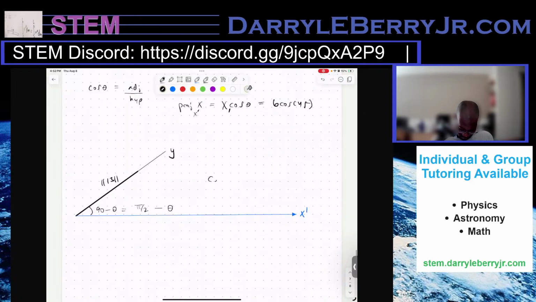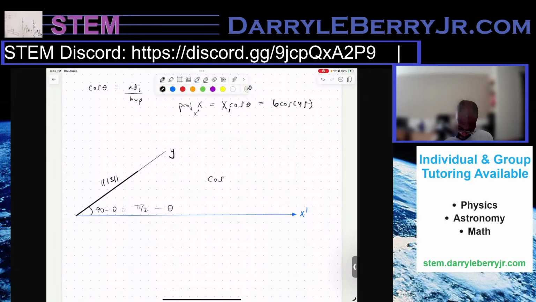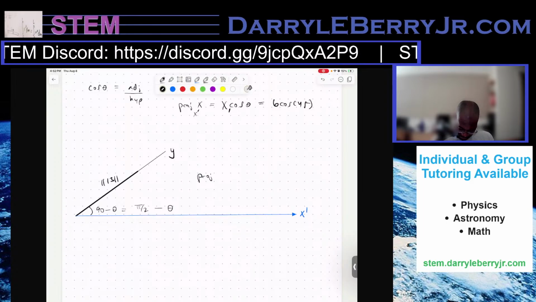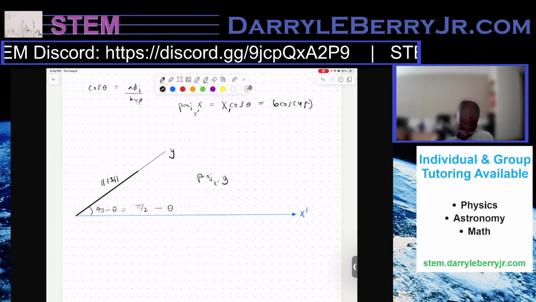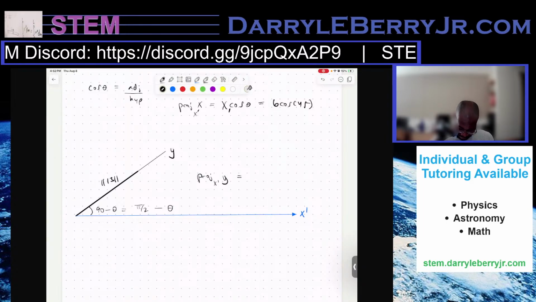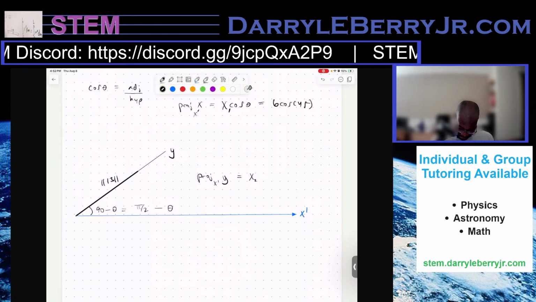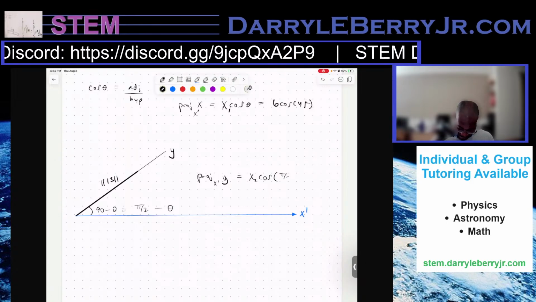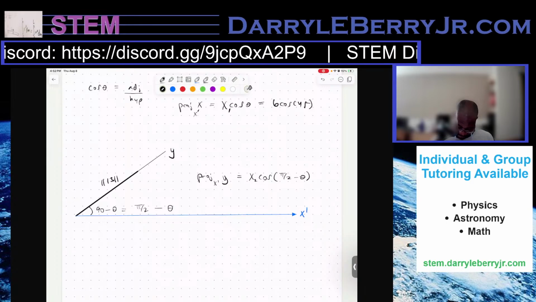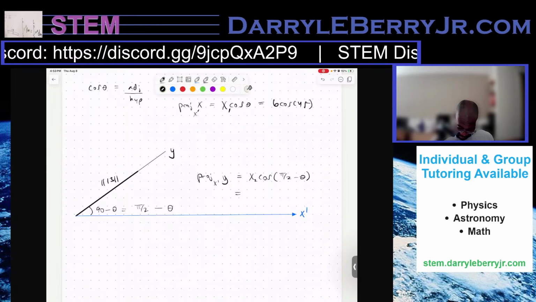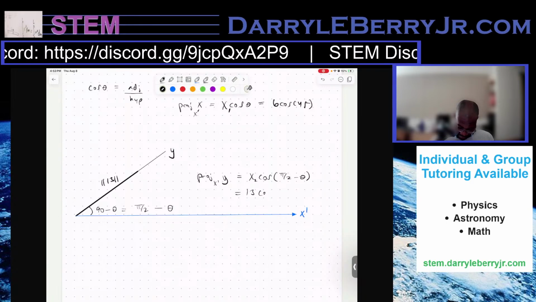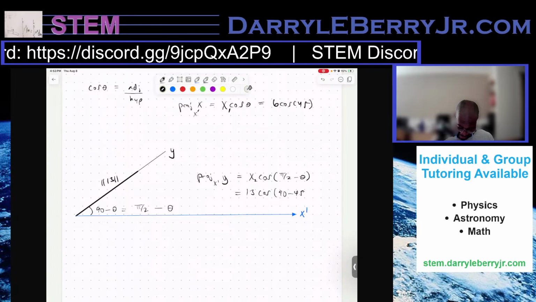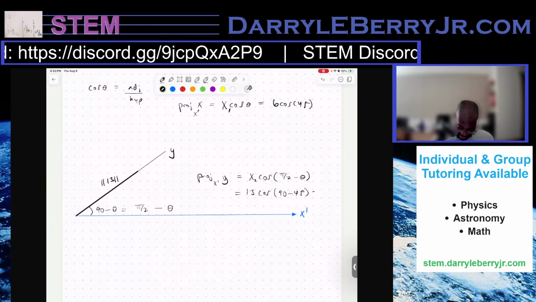So cosine, so the projection onto x prime of y equals x2 cosine of pi over 2 minus theta, which equals 13 cosine 90 minus 45, which in our case equals 45.